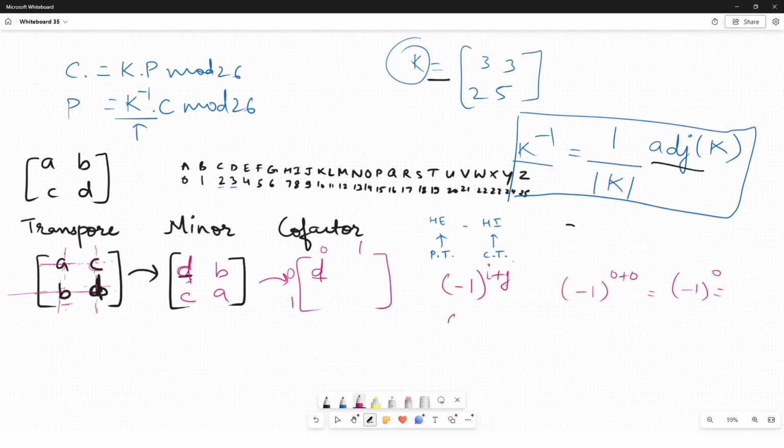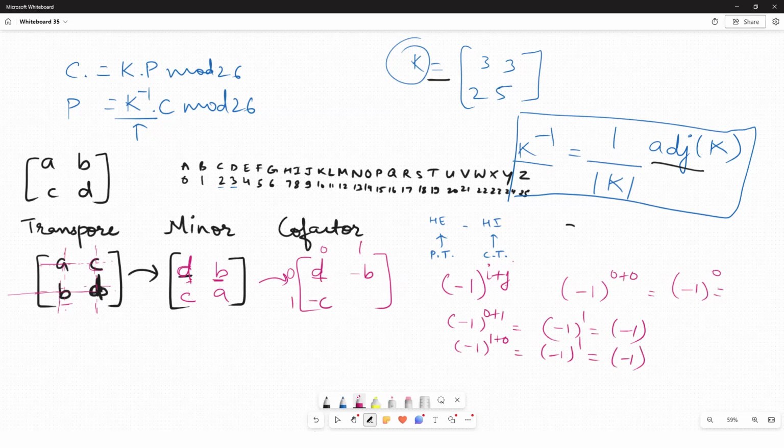The next element, -1 to the power of i plus j, would be 0 plus 1, which means it would be -1 to the power of 1, which is negative. So this second element will become -B. The third one is also -1 to the power of 1 plus 0, so it is -1 to the power of 1, which is -1 again.